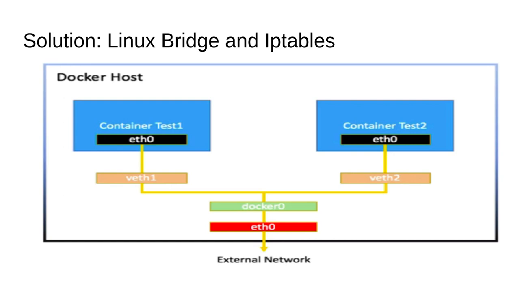Now this bridge network will have its own subnet, and out of that subnet it will assign the IP to the different containers. But this bridge will not be able to directly connect to the container, because for every container there is one interface.